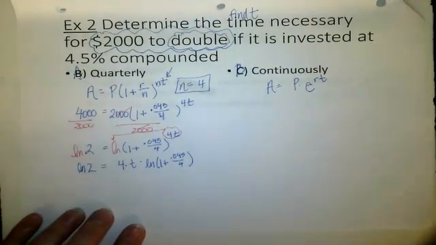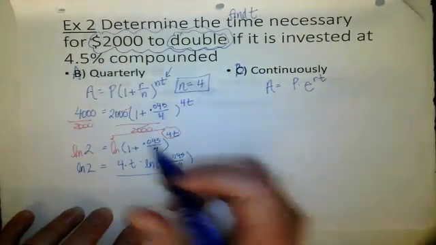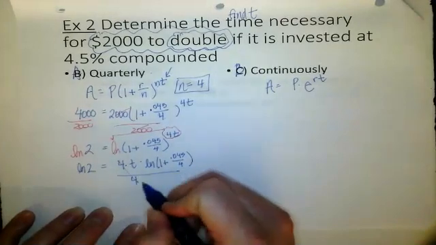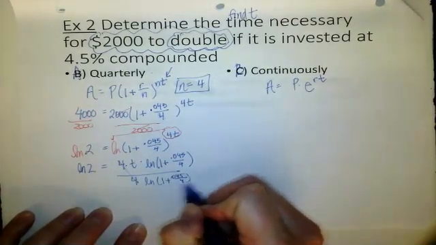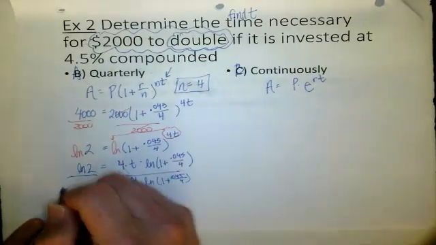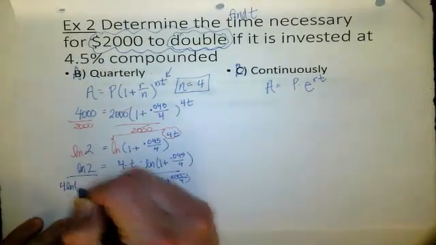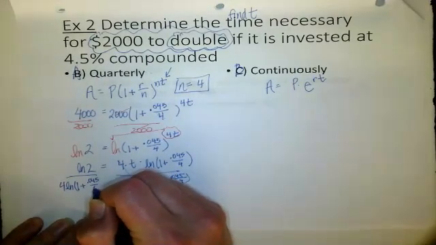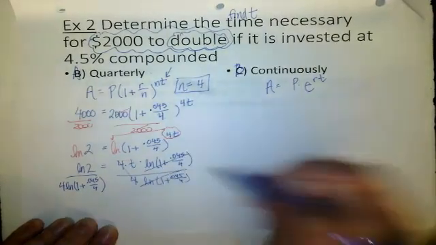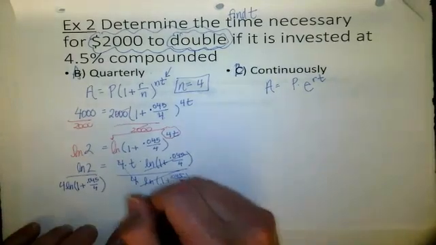Divide by all that stuff. Sure, divide by the 4, divide by the natural log of 1 plus 0.045 over 4.